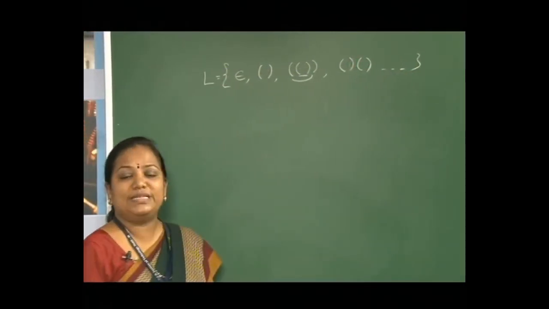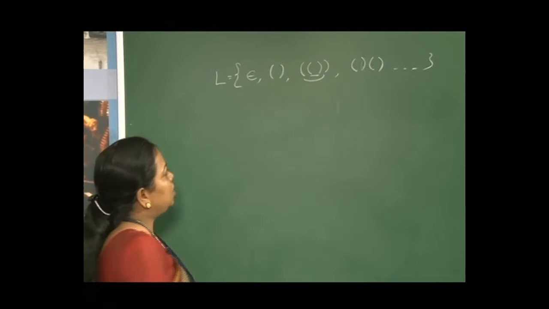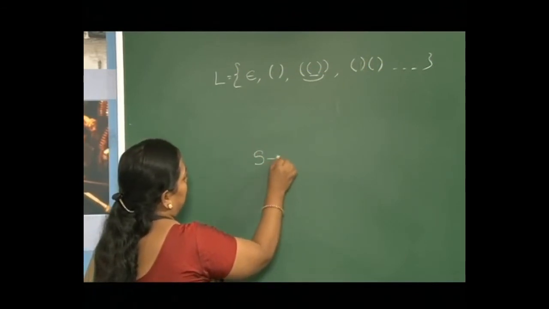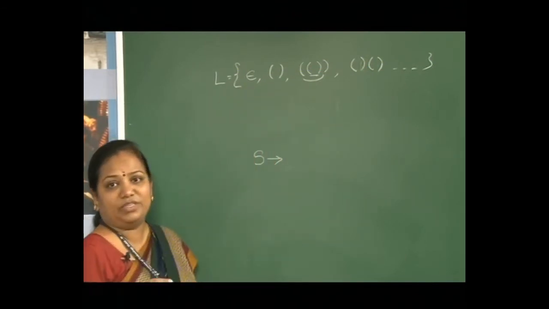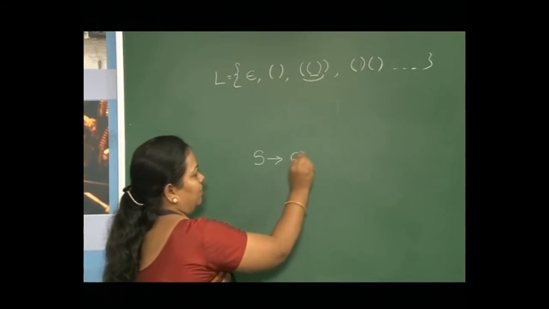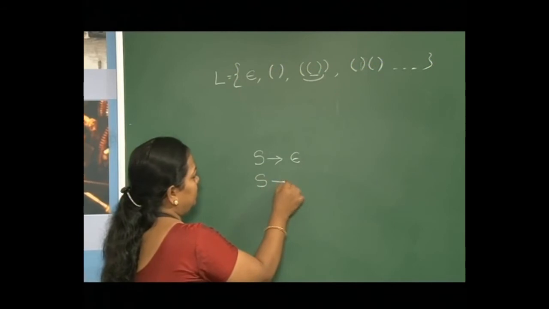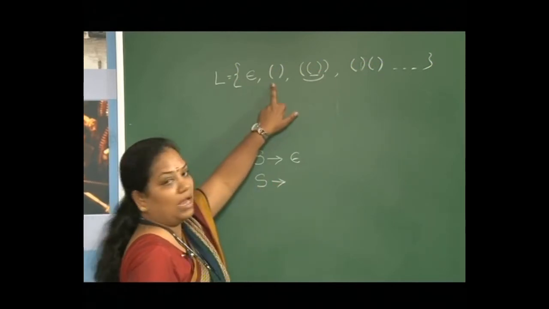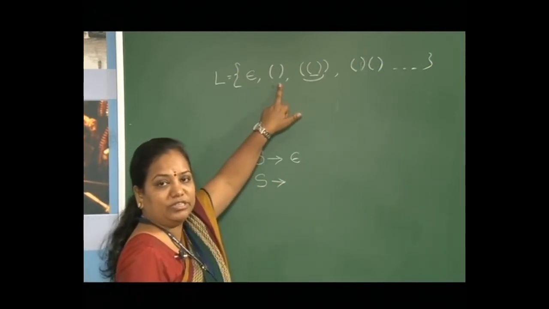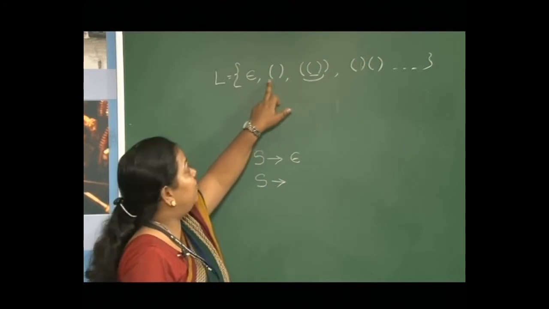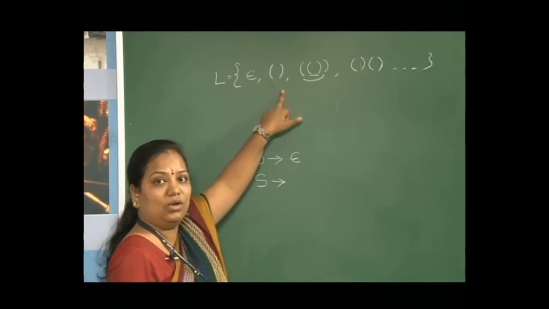Now, for this we must write the grammar. So, how will we write the grammar for this? As you know, the first string is epsilon, so the first rule will be S tends to epsilon. Next, S tends to, I need one opening parenthesis and one closing parenthesis, and remember, first I must have the opening parenthesis, then the closing parenthesis.